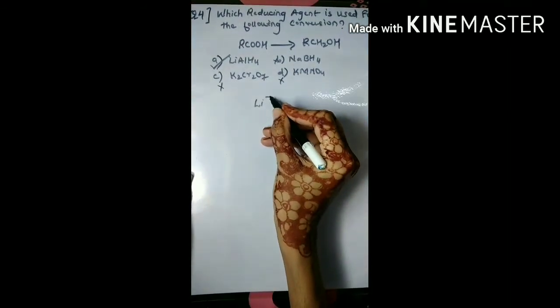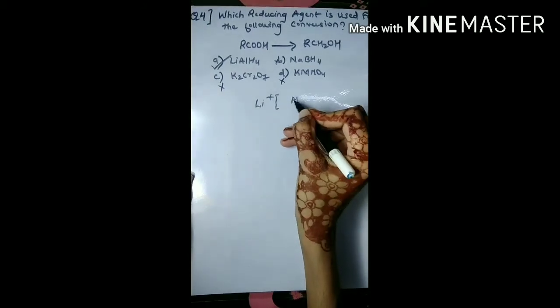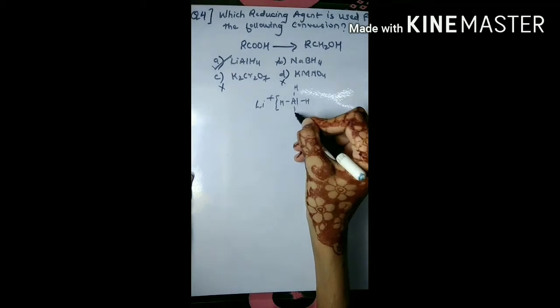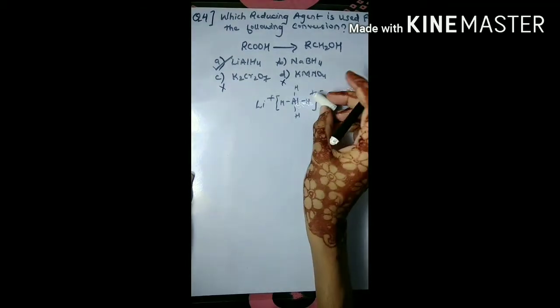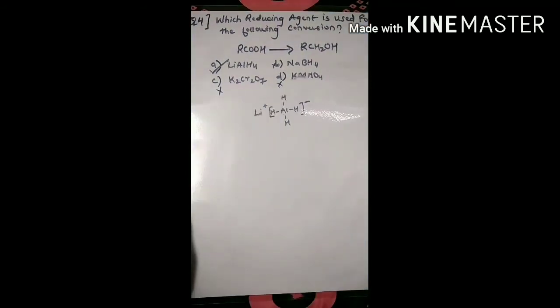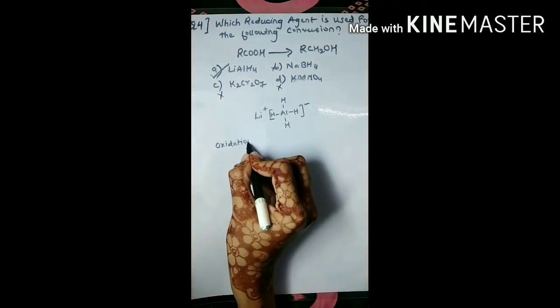Now let's see the structure of lithium aluminium hydride. So students, I have written the structure of lithium aluminium hydride. Now let's see what is the meaning of oxidation and reduction.